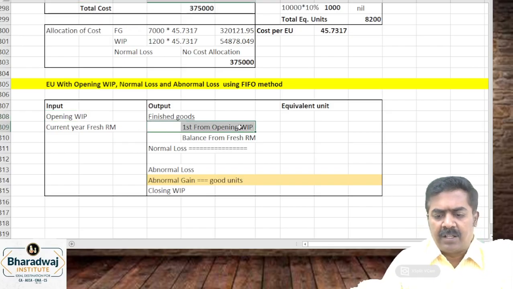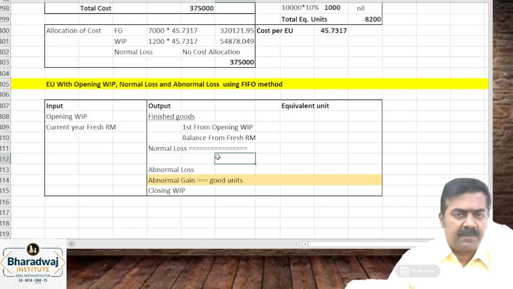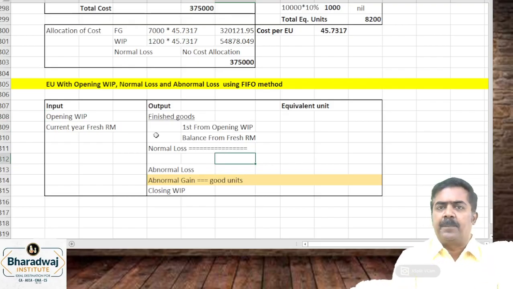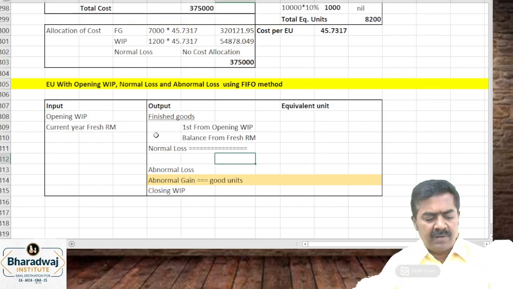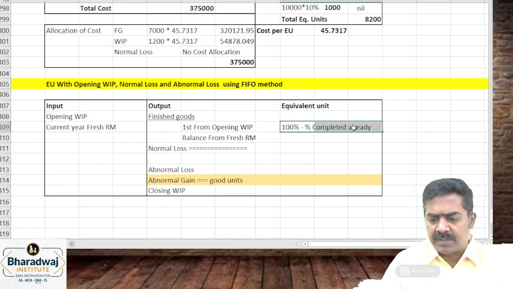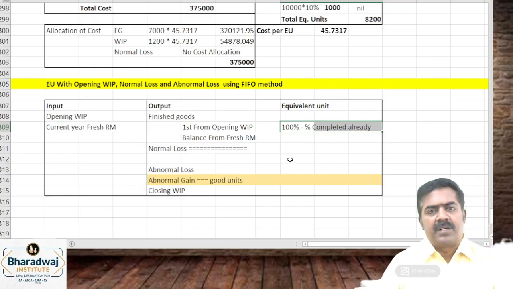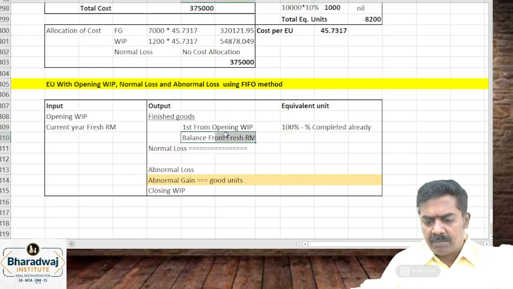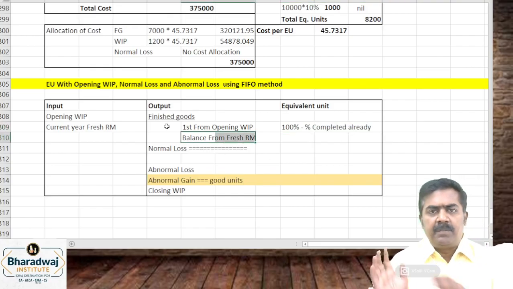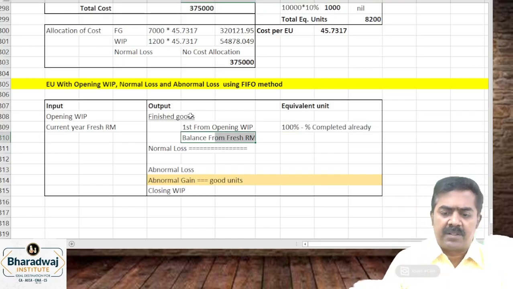So for opening WIP, how to assign the cost? If already 40% complete, it means in the current year we do the balance work: 100% minus percentage completed already. Balance, we bring the fresh raw material, do 100% of the work and transfer to the next process.